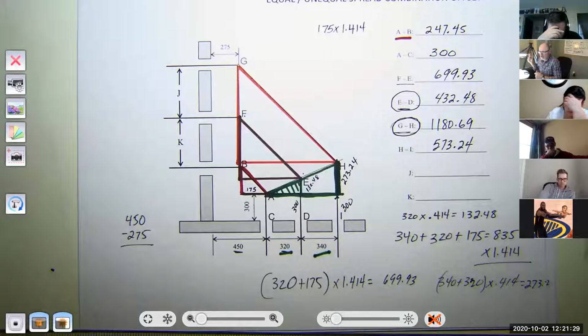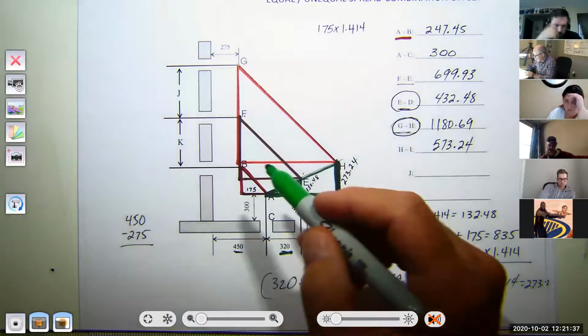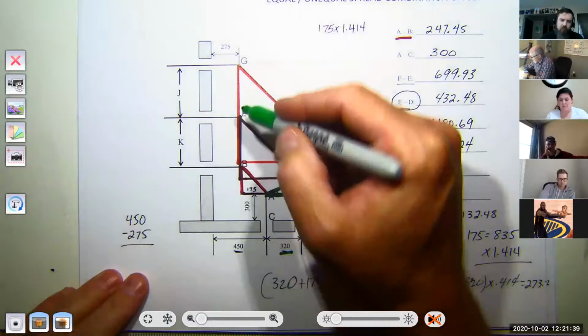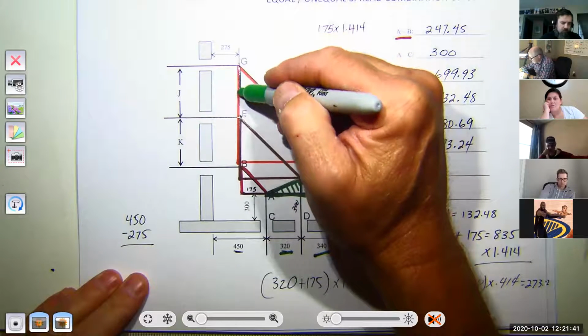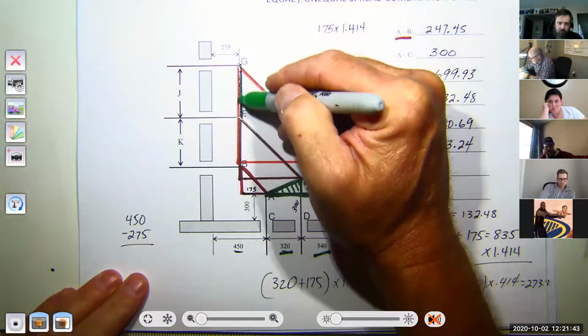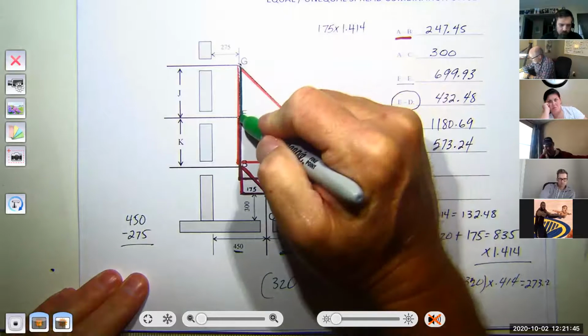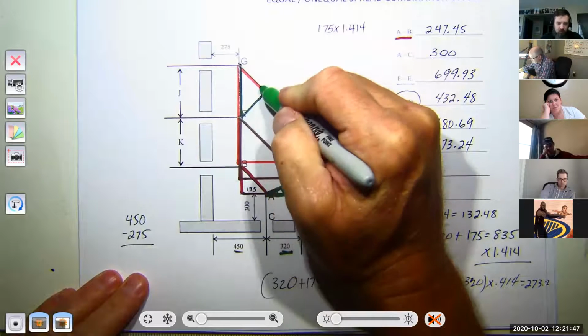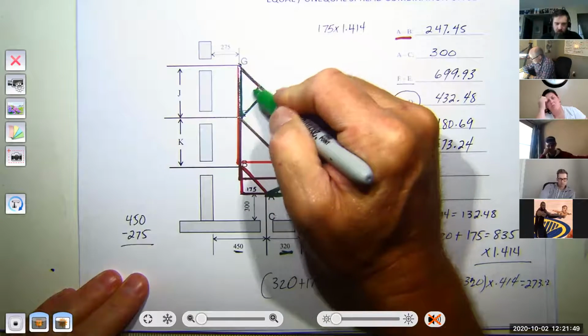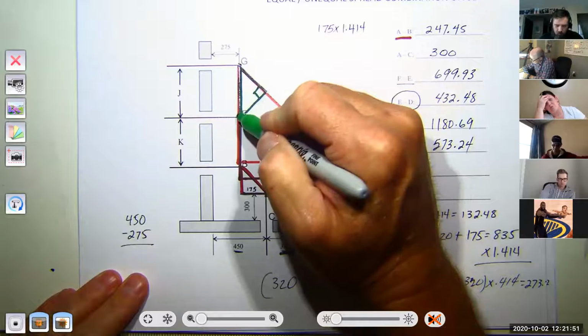Let's solve for J first, because it's a little easier visually to look at. To solve for J, this is a travel, and here's my right angle. Right here is my right angle triangle.